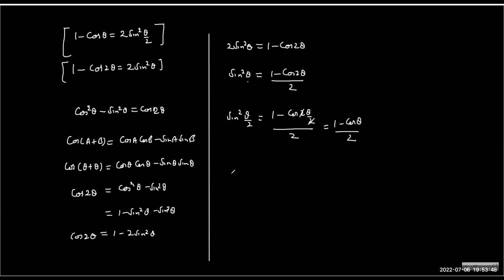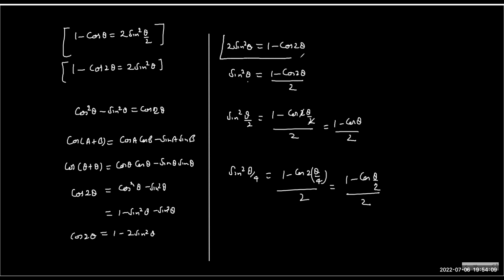And similarly, I can convert if I put theta by 4, and so on. We can keep on writing like this: theta by 8, theta by 16, 32, and so on. The idea is you are supposed to remember this relation. That's it. I'm not teaching right now, so I just gave a quick review.